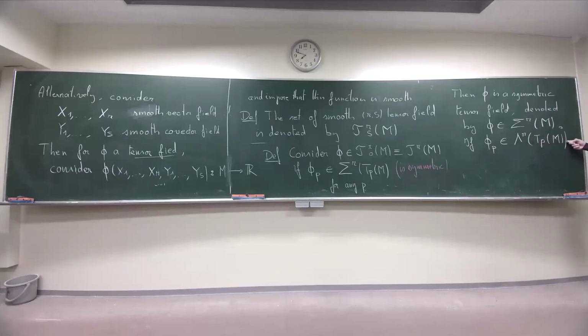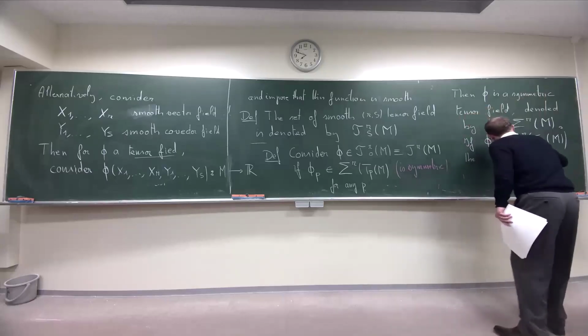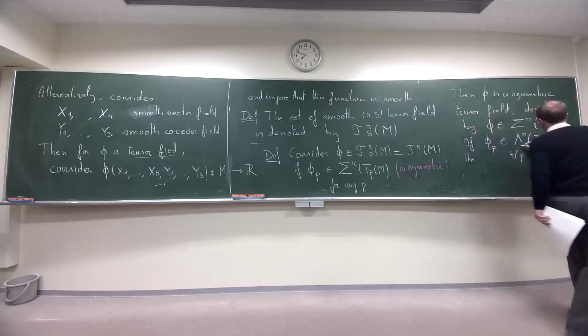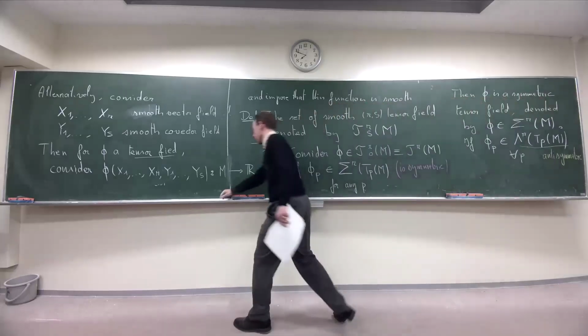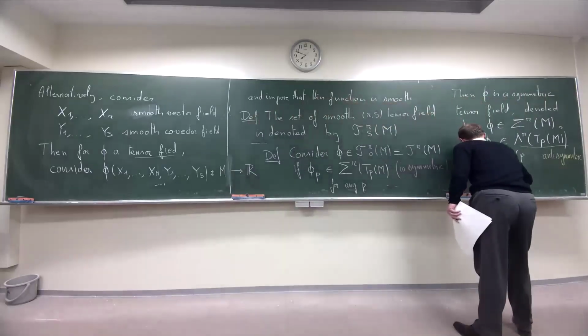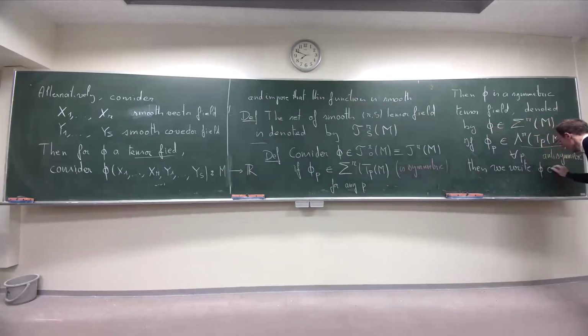If it is an antisymmetric tensor at every point, then for any p, I should mention, and I recall that it means antisymmetric, then we write phi is in this antisymmetric tensor fields on M. So these notations are completely natural.